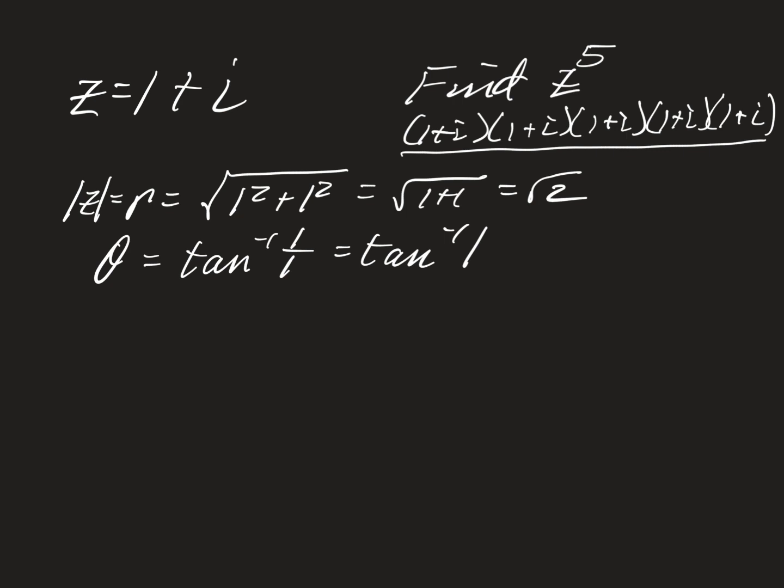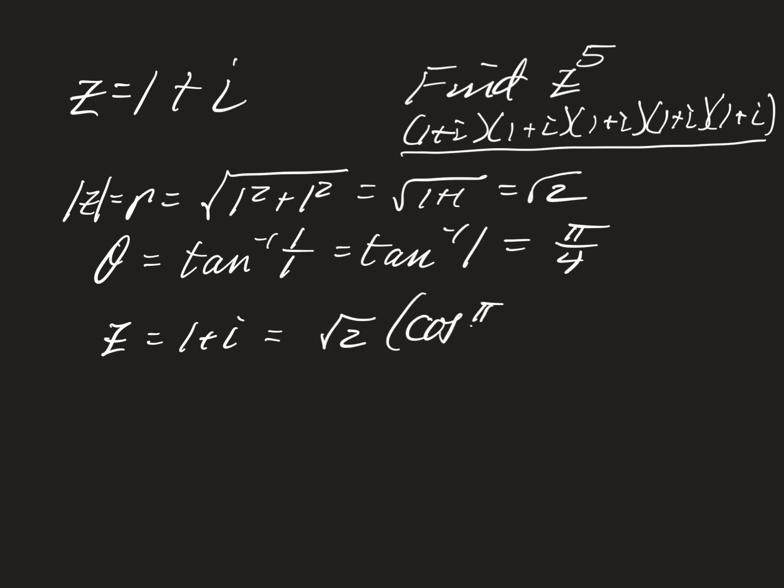And since 1 plus i is a first quadrant complex number, we know this is pi over 4. So there's our angle. And so we write the polar form: z equals 1 plus i is equal to square root of 2 times cosine pi over 4 plus i sine pi over 4.